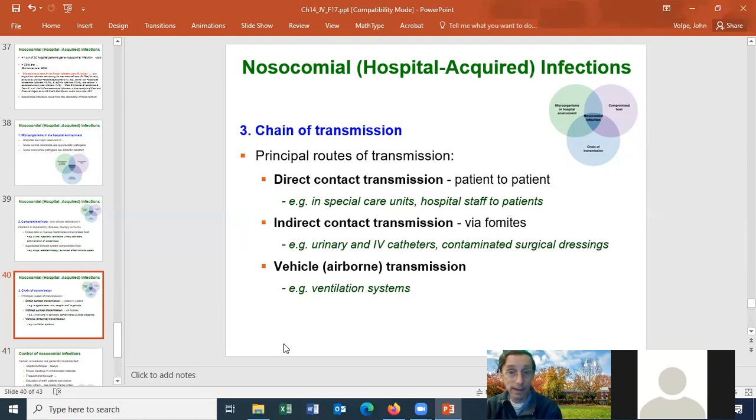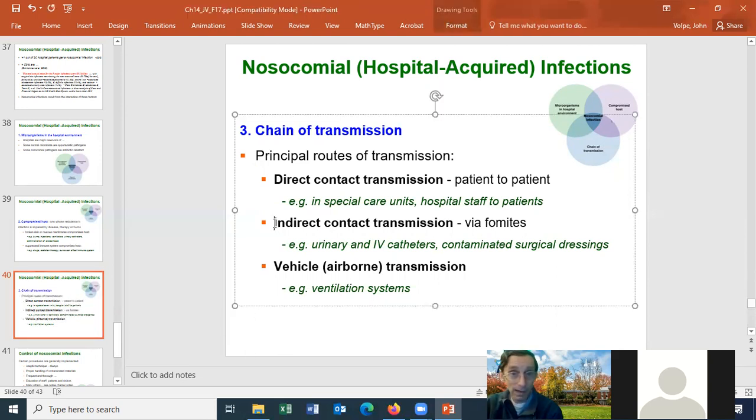There's indirect contact transmission that happens via fomite. Urinary and IV catheters, contaminated surgical dressing can be indirect contact transmission. This used to be a major way of getting a nosocomial infection.